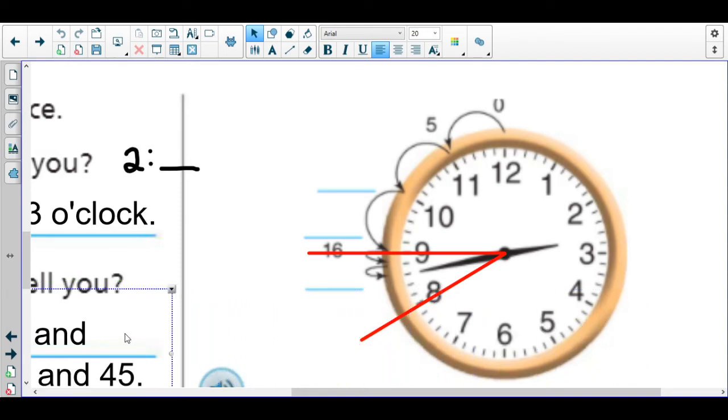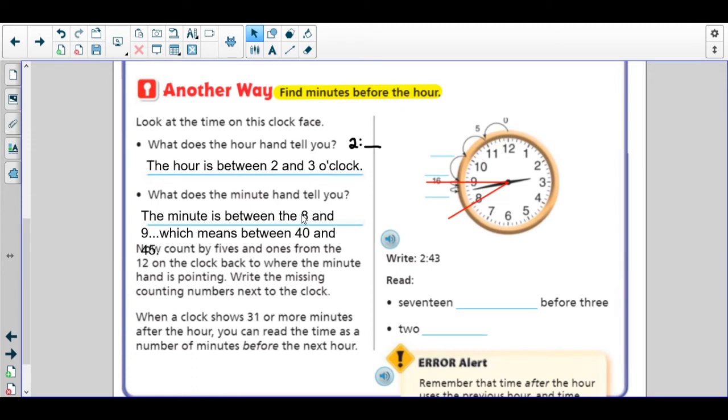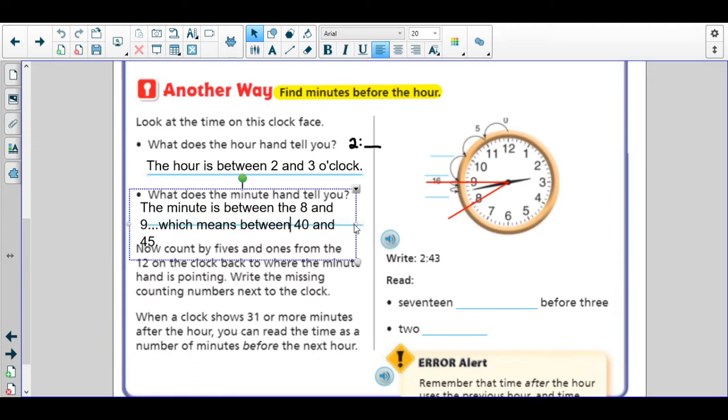Let's get this cleaned up here just a little bit, and zoom out and see what we got. All right, so the minute hand's between the 8 and the 9, which means between 40 and 45.